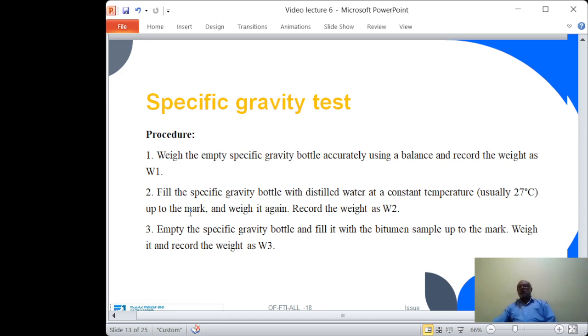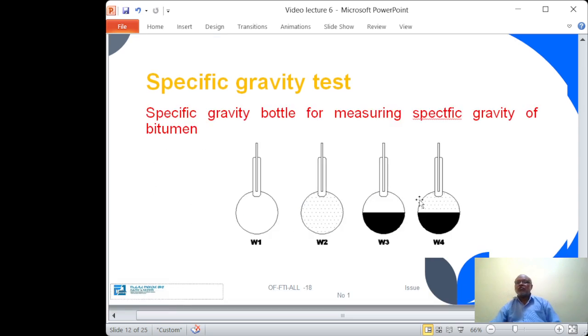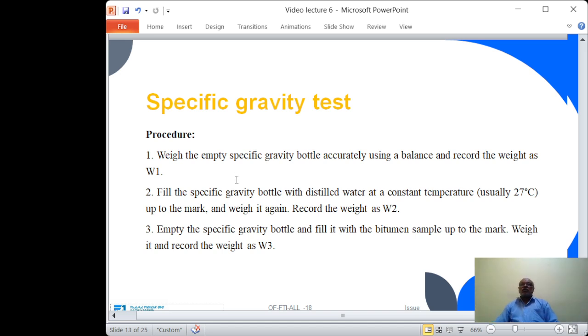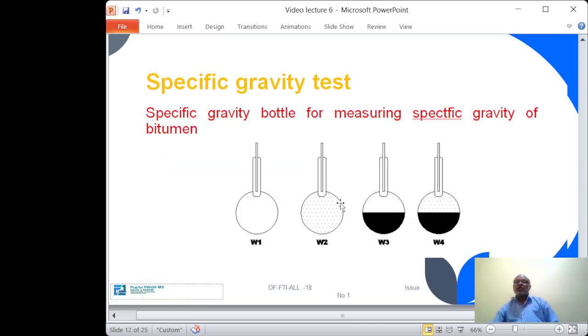Now we can proceed to the procedure. The procedure is similar to what has been seen in this figure. First, weigh the empty specific gravity bottle accurately using the balance and record the weight as W1.